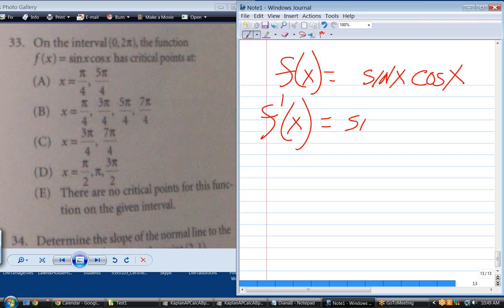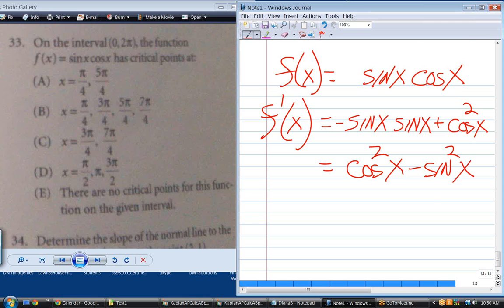Sine of x times sine of x plus negative, right, negative sine of x, plus cosine x times cosine x. So all of this becomes cosine squared x minus sine squared x. That's f prime of x.